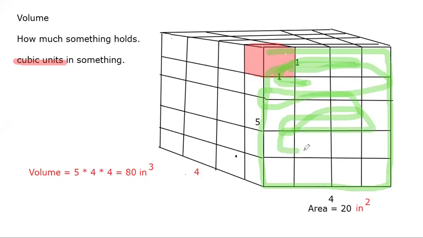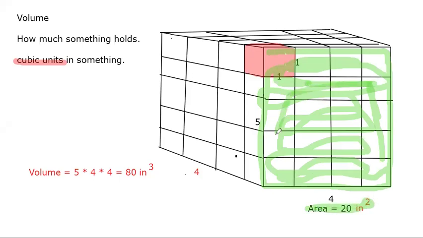That was the area. So it was just a square. There was no volume to it because there was no thickness. It was flat. It had absolutely no measurement whatsoever. Thinner than a piece of paper. Okay, that's area. It's in square units. Volume is in cubic units.